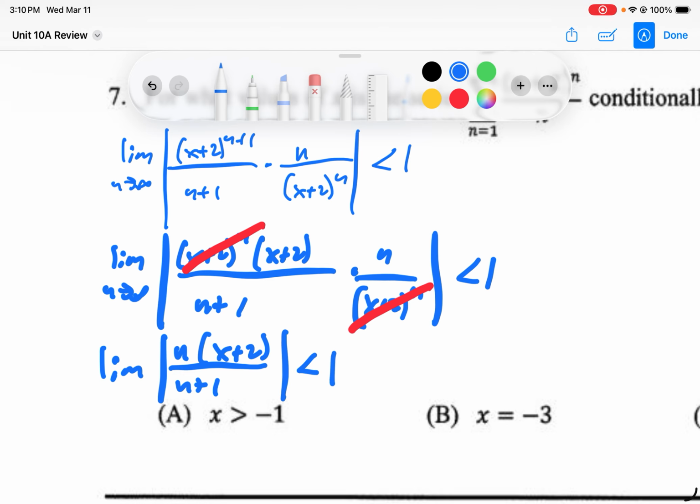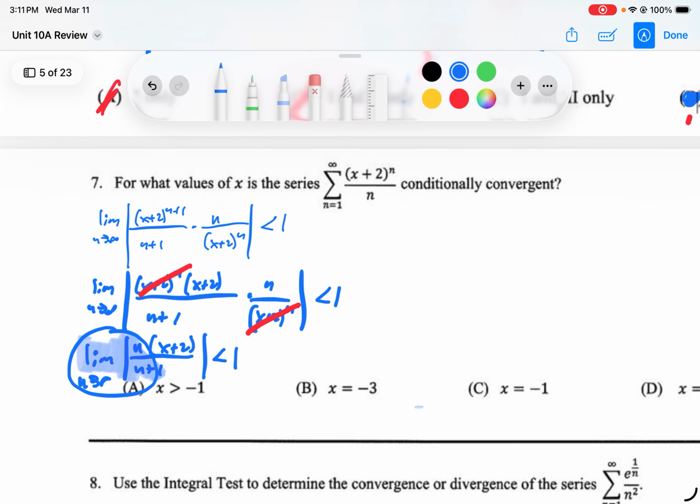Just look at the highlighted part right now: what's the limit as n goes to infinity of n over n plus 1? That's just 1. So I'm left with the absolute value of x plus 2 has to be less than 1.